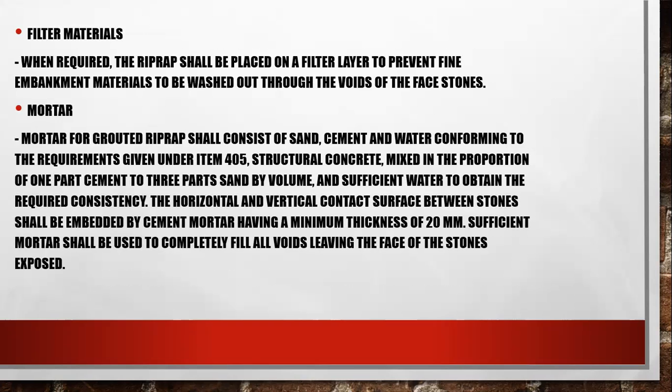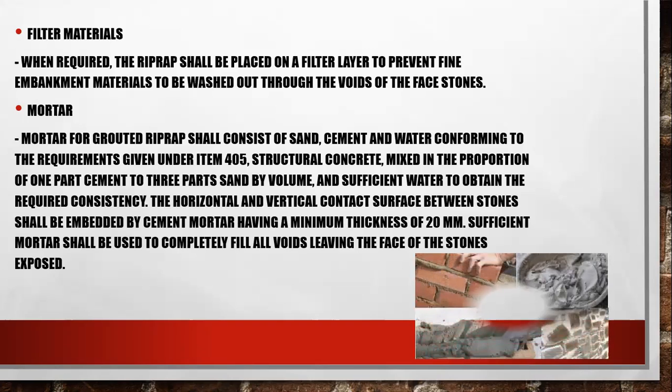Mortar is used in grouted riprap because we use cement to fill up those voids, while riprap is a pile of rocks, but there are voids in that kind of structure. So we use mortar in grouted riprap. This is an example of the mortar.